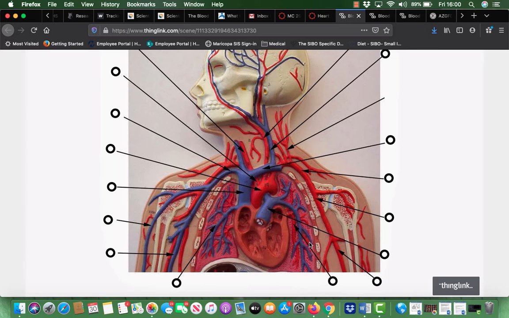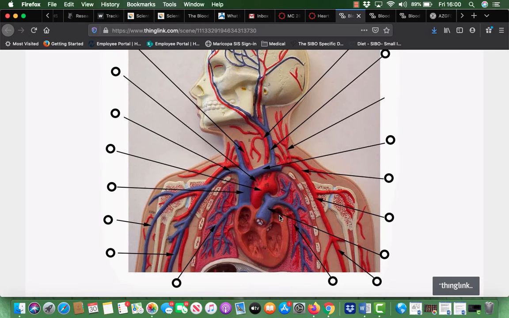And then back to the heart, once it's picked up the oxygen and dumped the carbon dioxide, in the pulmonary veins and into the left atrium. So that's the pulmonary circulation, the vessels that carry deoxygenated blood from the heart to the lungs, and then back to the heart, okay? Everything else is the systemic circulation.